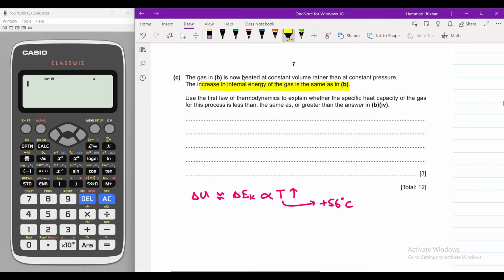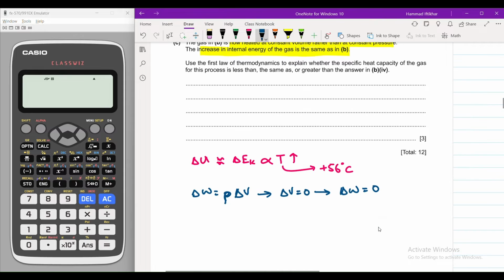Secondly, it's now heated at a constant volume. That means the work done is P times change in volume. Since the change in volume is 0, there is no work done. So when we construct this Q plus W, this part is 0, and this part is the same as before, 7,600, sorry.